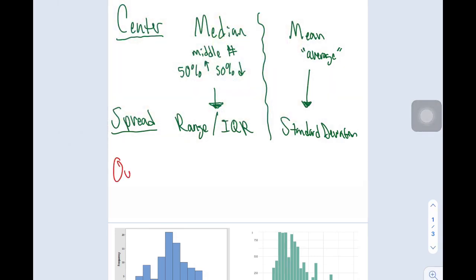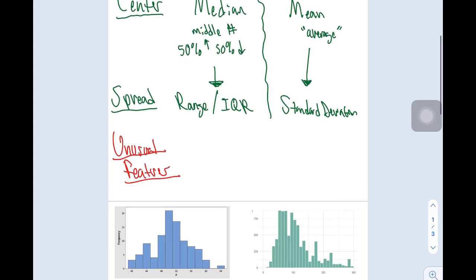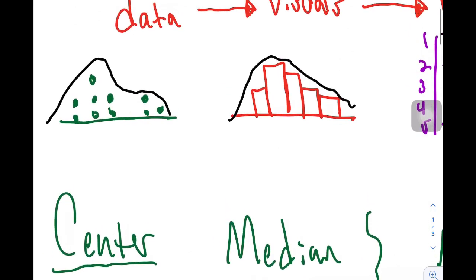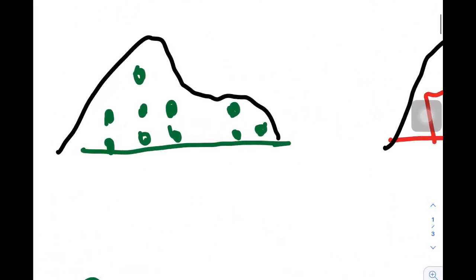And the last thing, which many students forget, any unusual features. And there's only two unusual features. I said gaps and or possible or potential outliers. When I say gaps, this is what I'm referring to as a gap.